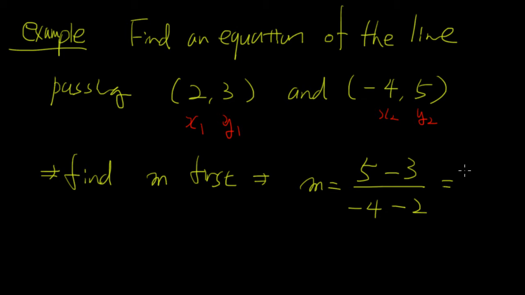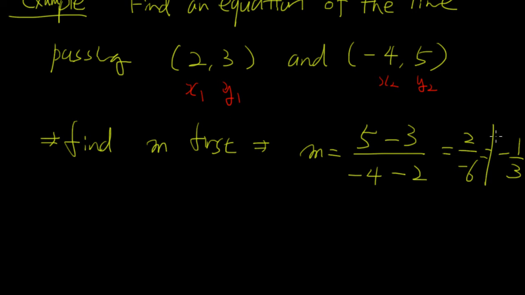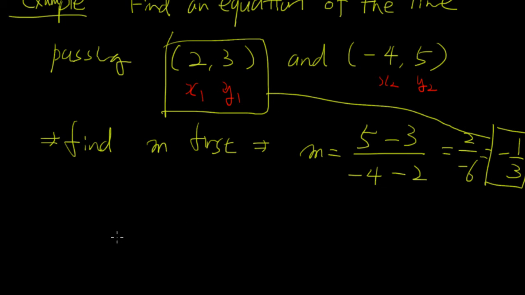So this is going to be 2 over negative 6, which is negative 1/3, right? Negative 1/3. Okay, so we have our slope now, which is negative 1/3, and we have our point and a slope. So what do we use? Point slope form.